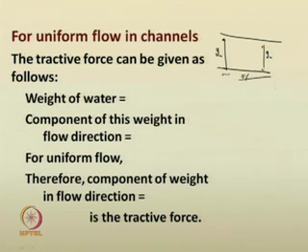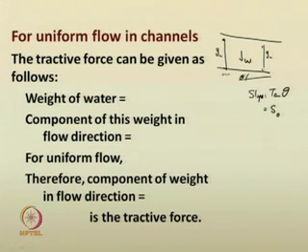So, if the channel has a slope, this is equal to tan theta, right. So, the slope of the channel can be given as the bed slope S naught, and then the weight W is acting here, the weight of the water.